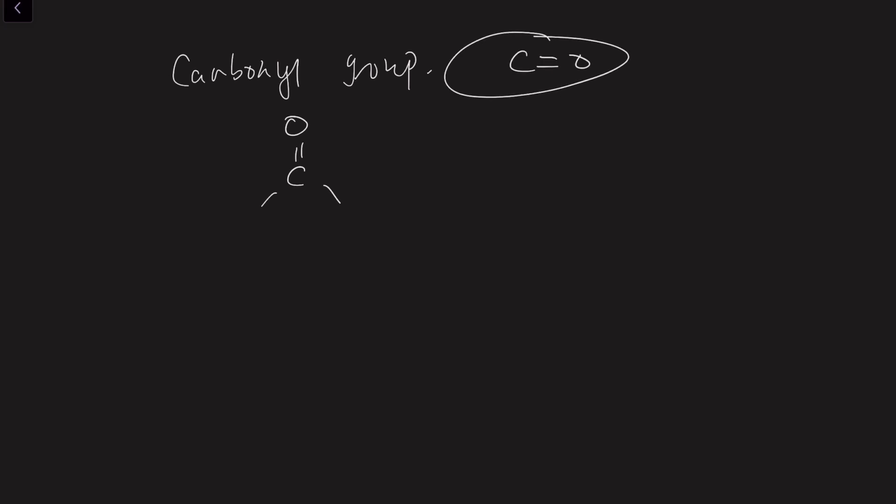So the next group we want to introduce is the carbonyl group. Whenever you have a carbon double bonded with an oxygen atom, so it contains C=O, it is the carbonyl group.